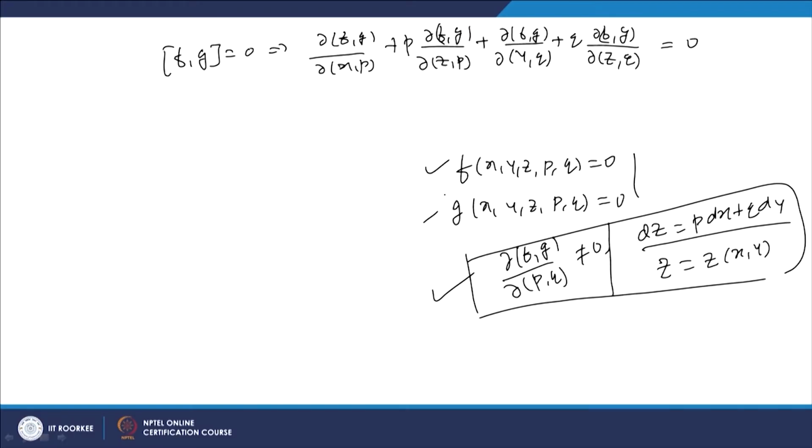And that we obtained as follows: if the bracket [f, g] is equal to 0, that is, Jacobian of f, g with respect to x, p plus p times Jacobian of f, g with respect to z, p plus Jacobian of f, g with respect to y, q plus q times Jacobian of f, g with respect to z, q, if this quantity is equal to 0, then we are able to find one common solution of f and g here.